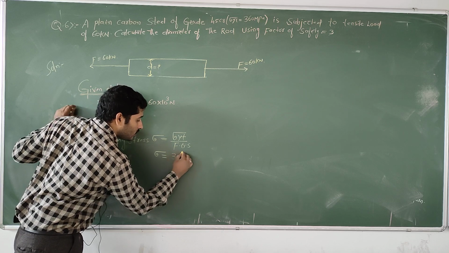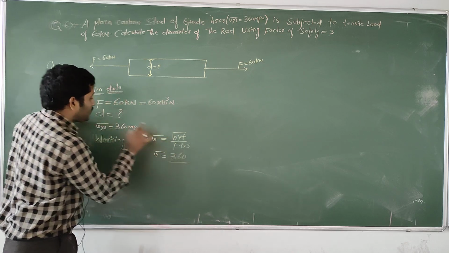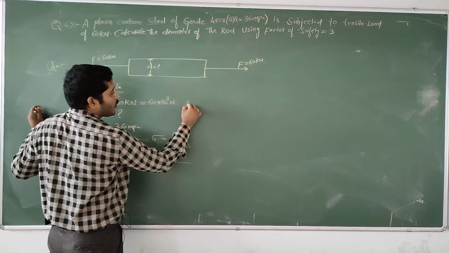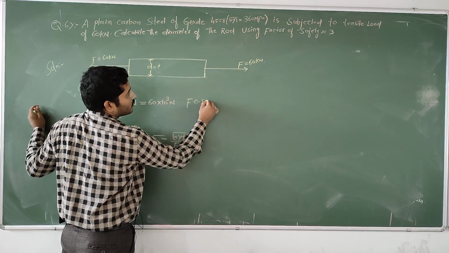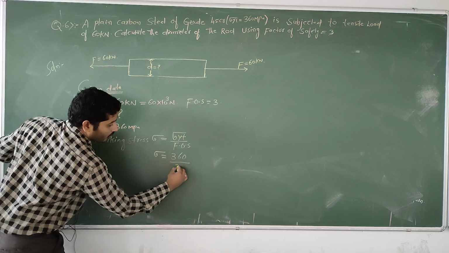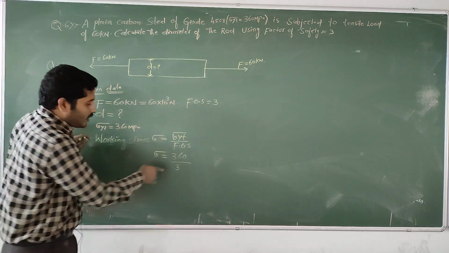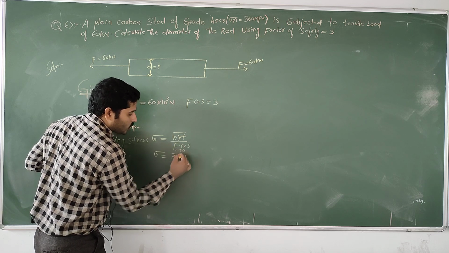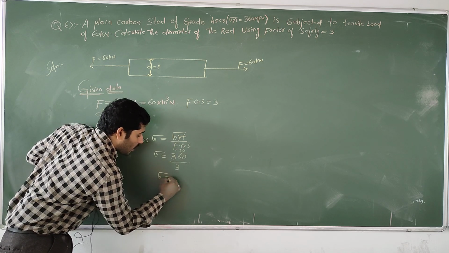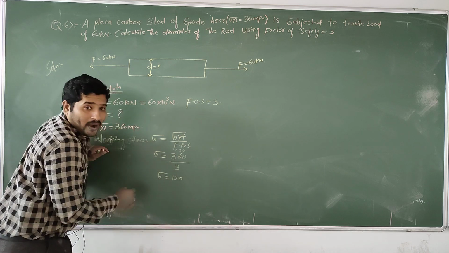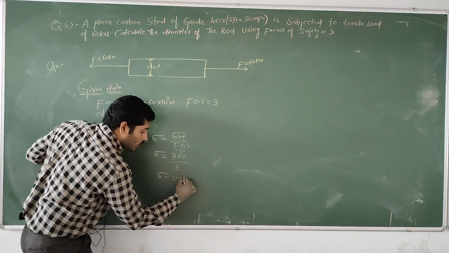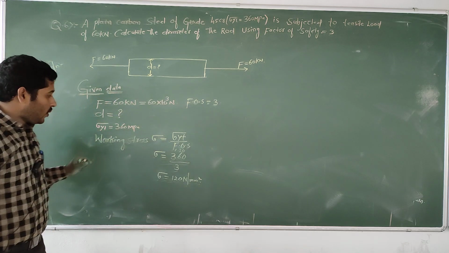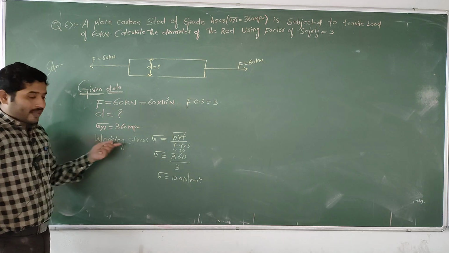The factor of safety is given as 3. Then if you divide 360 by 3, the value is 120. What will be the unit of stress? Newton per mm square.